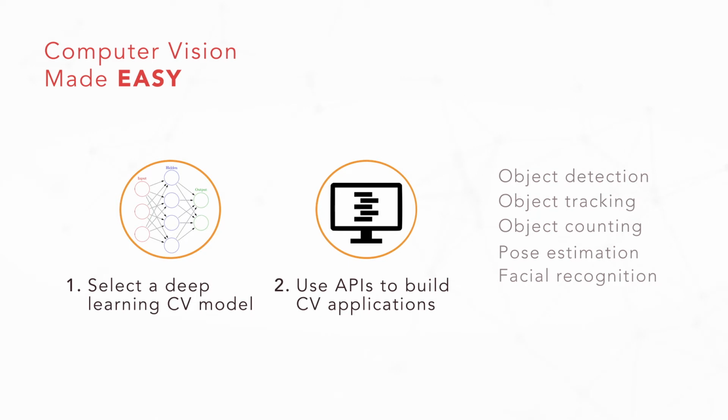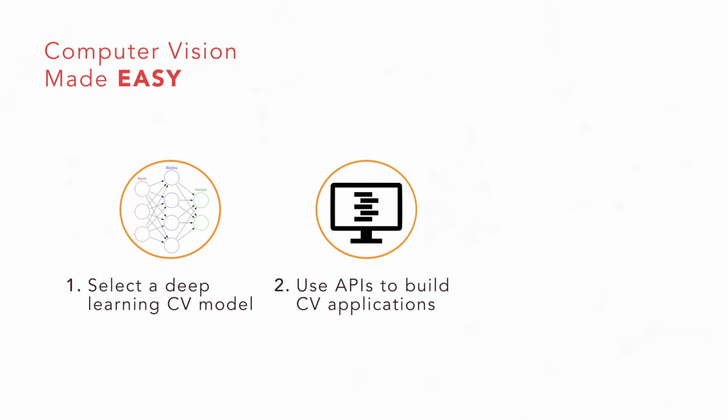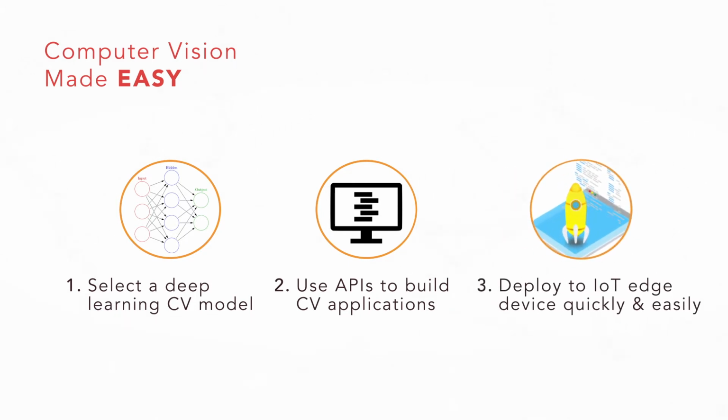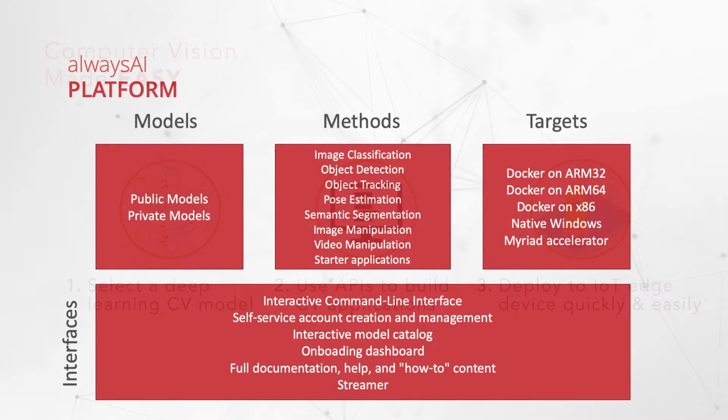So you've selected your model, you've built your application, and now you would like to get it onto an edge device. We've also made that process very easy. As long as your end device is an ARM-based device, ARM32 or ARM64, which frankly accounts for the vast majority of IoT endpoints.